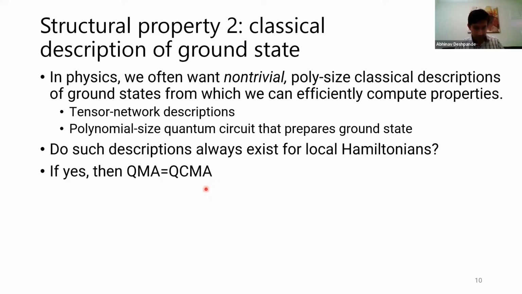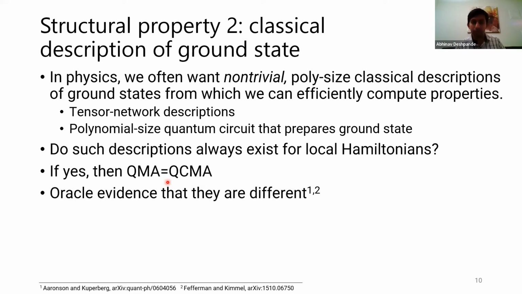The difference between these two classes, QMA and QCMA, is essentially all about whether ground states of local Hamiltonians have efficient classical witnesses for them. And given that this question of QMA versus QCMA is so interesting, no doubt there has been work done on it before.